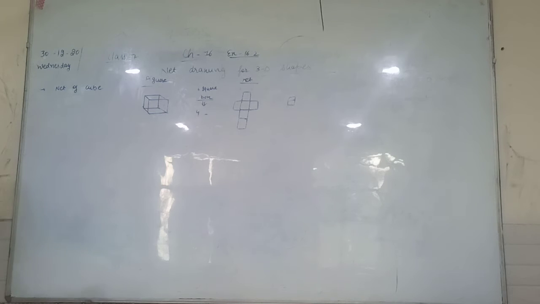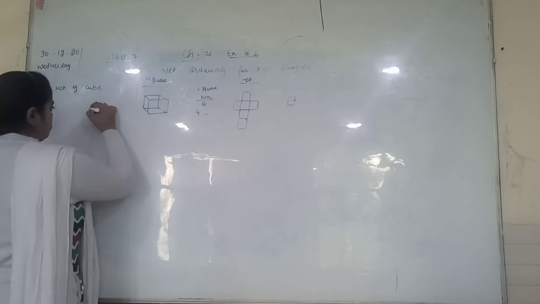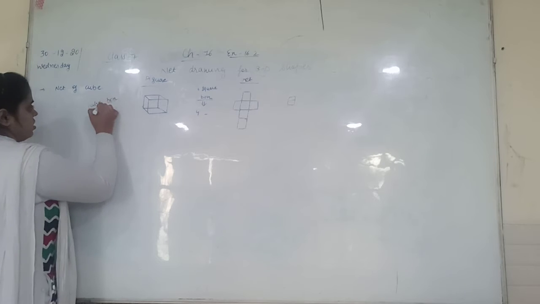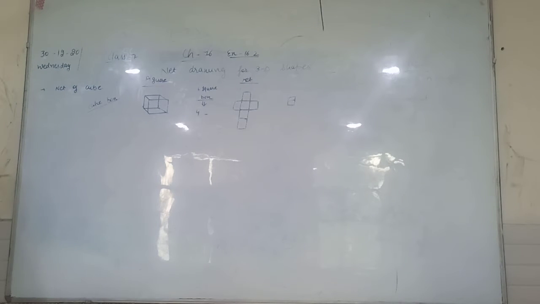If you want to see the real net of cube, you can take a cake box also. These are the best examples for the net of cube and cuboid. For cube you can take a pastry or cake box, right?